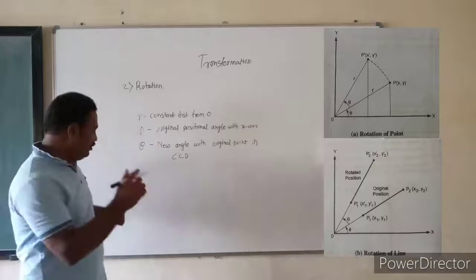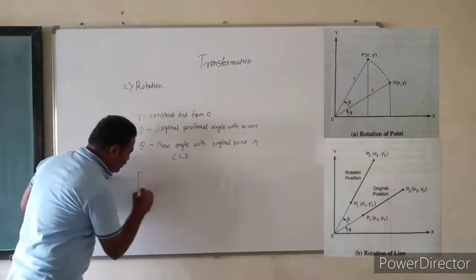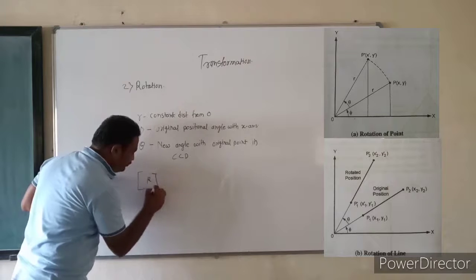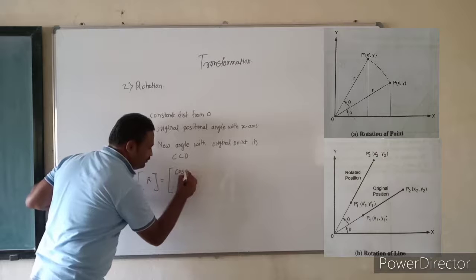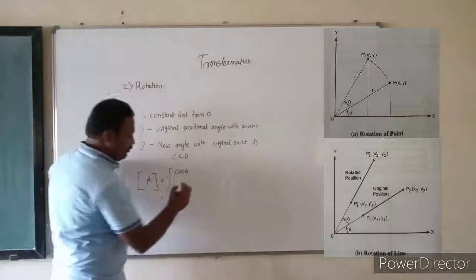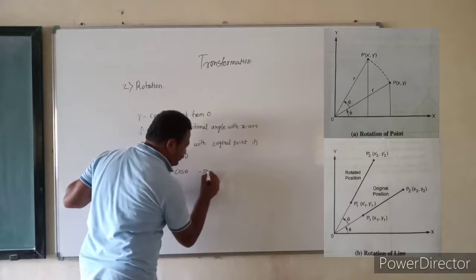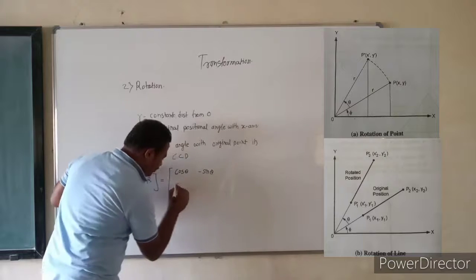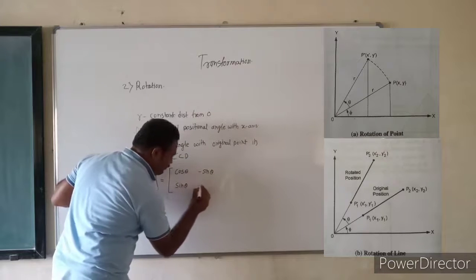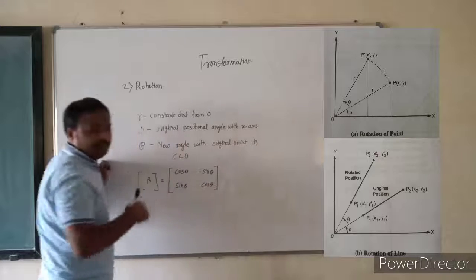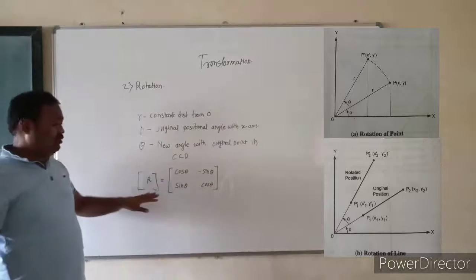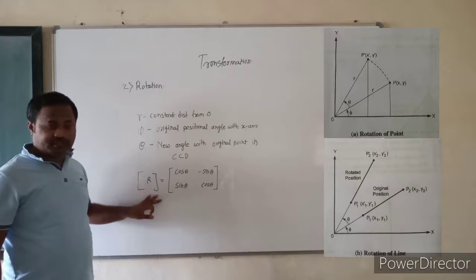Then the rotational matrix is cos theta, minus sin theta, then sin theta and cos theta. Okay, it is the rotational matrix.